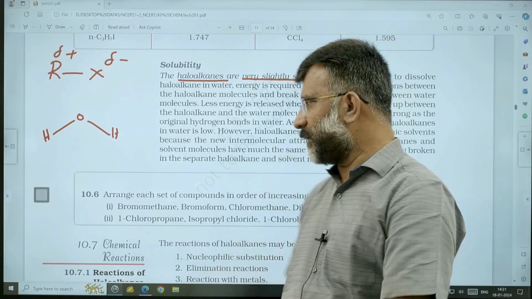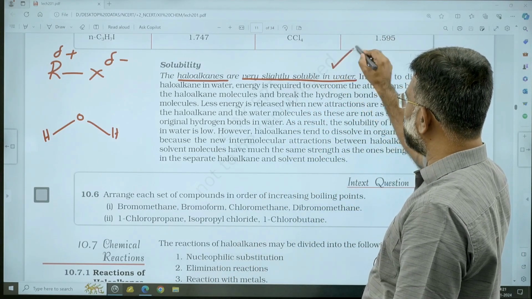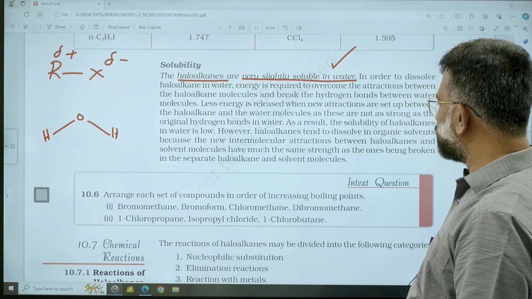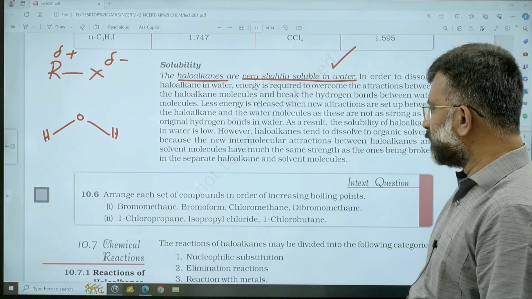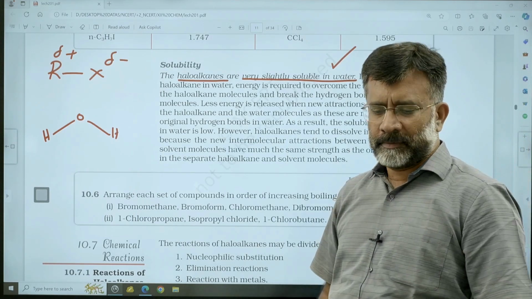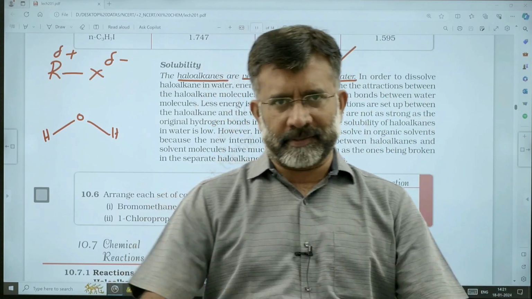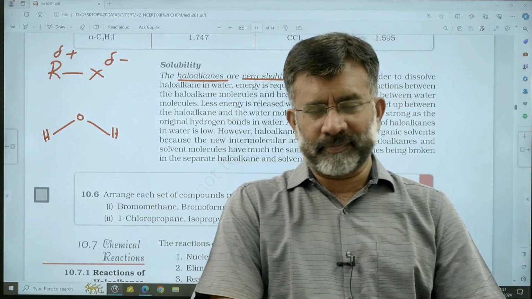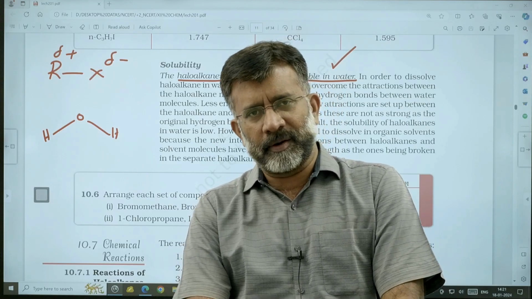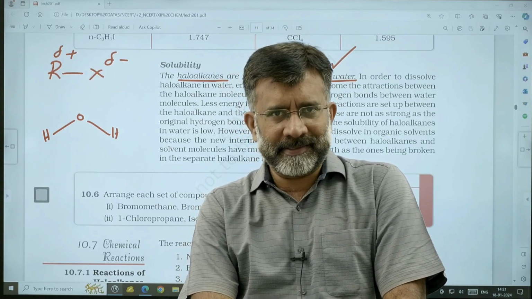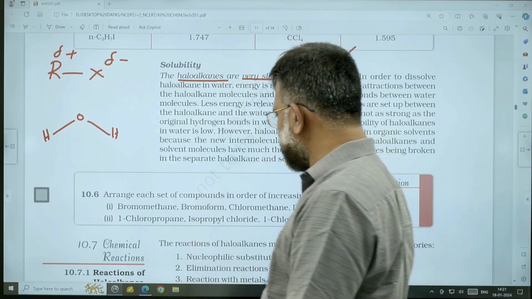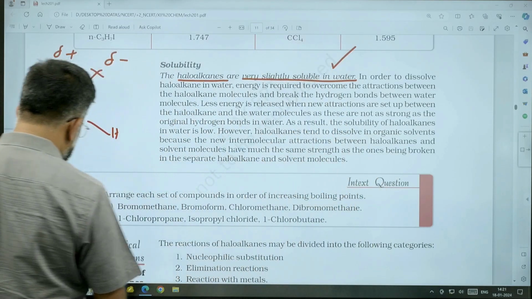That is the main reason why they are very slightly soluble in water. So that is about the preparation and, of course, physical properties of haloalkanes and haloarenes. Now our discussion is proceeding to chemical reactions.